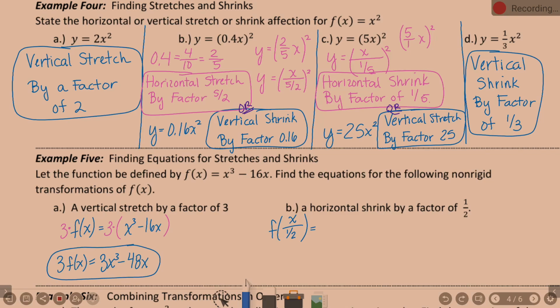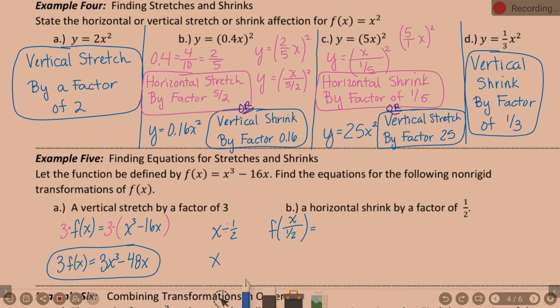With that in mind, x divided by 1/2. We can go the route of every place we see an x, we're replacing it with x divided by 1/2, which is just downright ugly. But what is x divided by 1/2? Dividing x by 1/2 is the same as doing what?